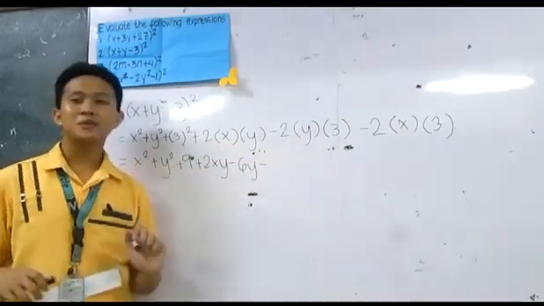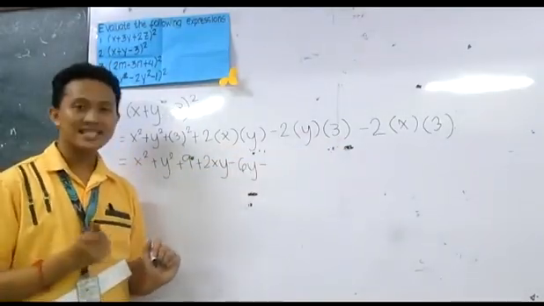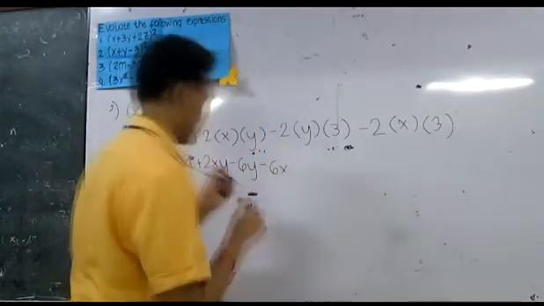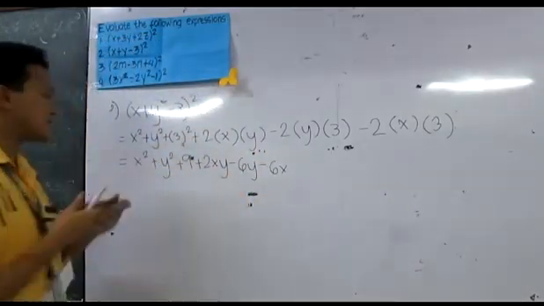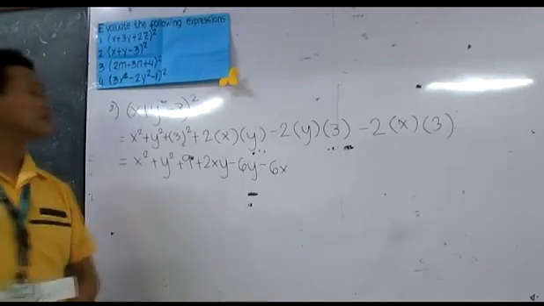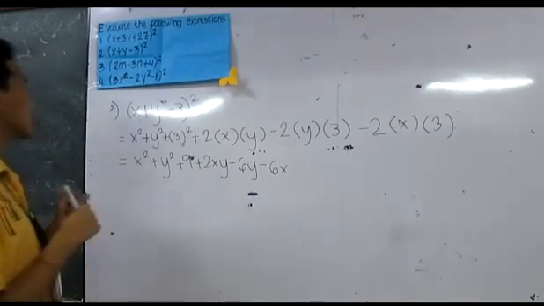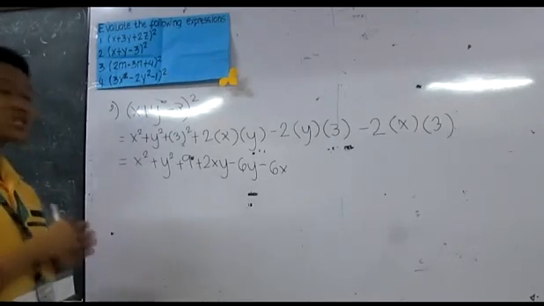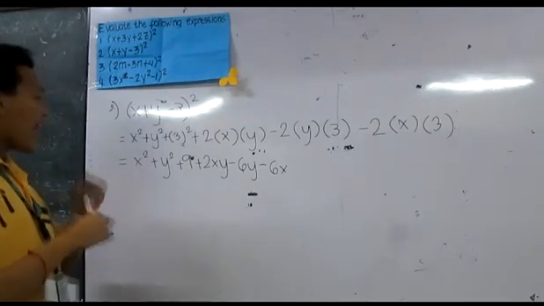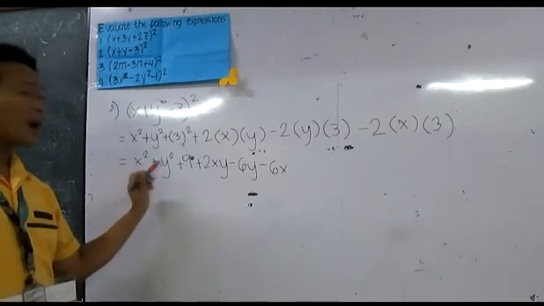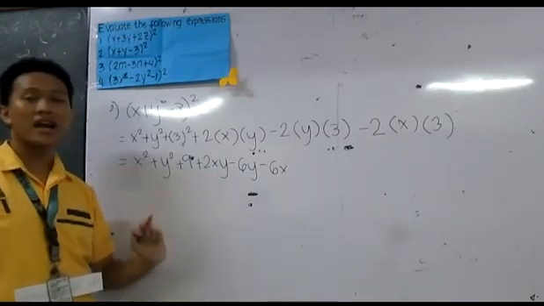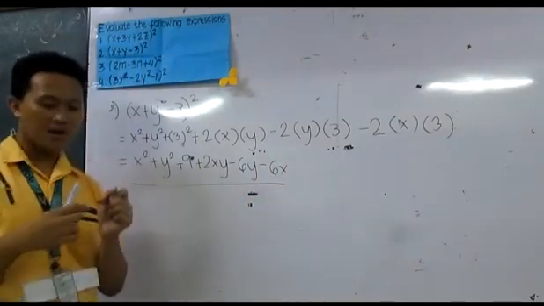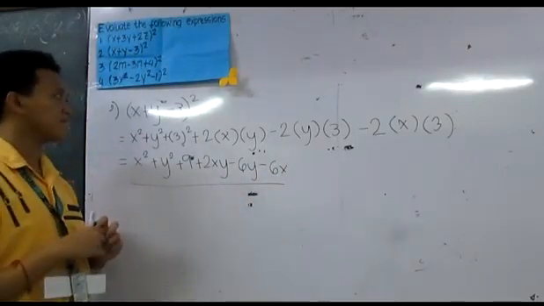Minus 2 times x times 3 is 6x. So now, we have our final answer of the expression quantity x plus y minus 3 squared is just equal to x squared plus y squared plus 9 plus 2xy minus 6y minus 6x. And that is our final answer.